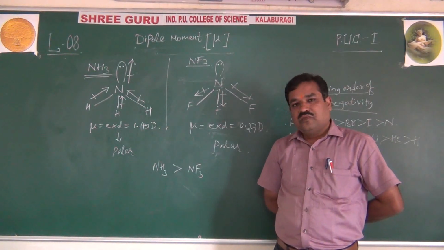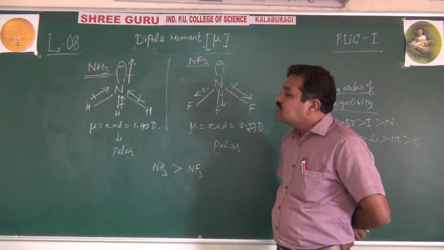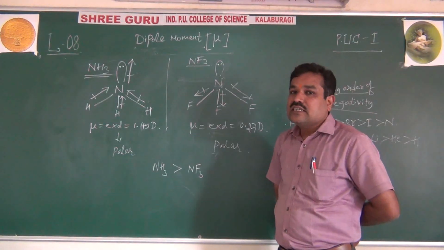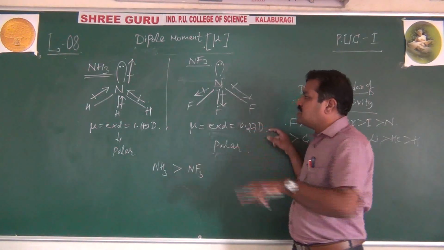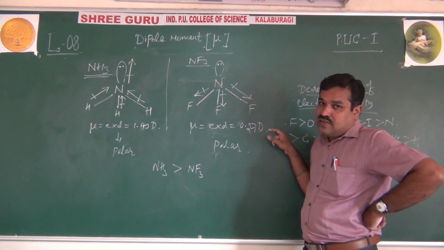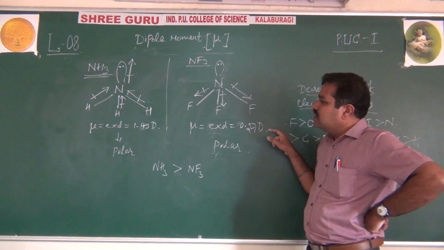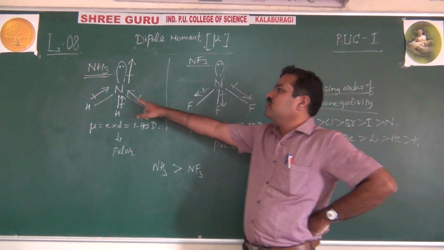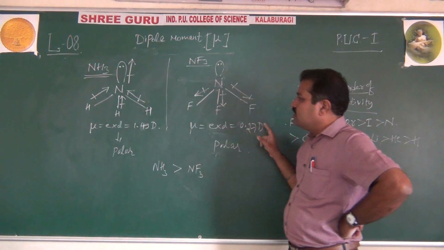In ammonia, the bond moments are on the same side. They do not cancel each other. Whereas in nitrogen trifluoride, bond moments are on the opposite side. Therefore, the net dipole moment here decreases, while on ammonia's nitrogen it increases.